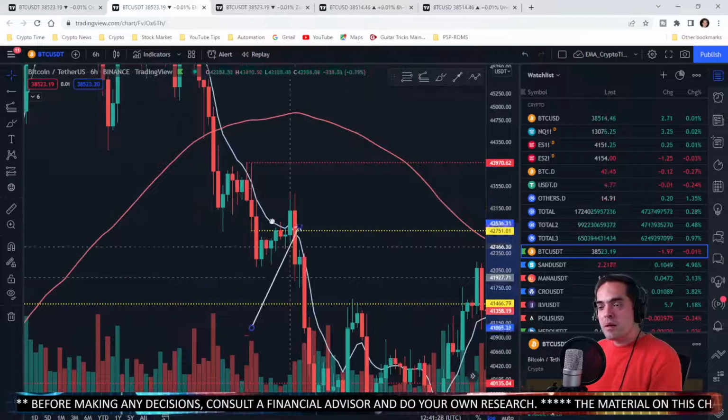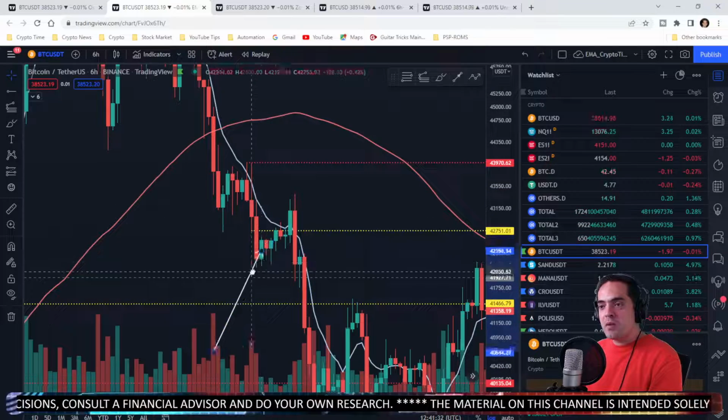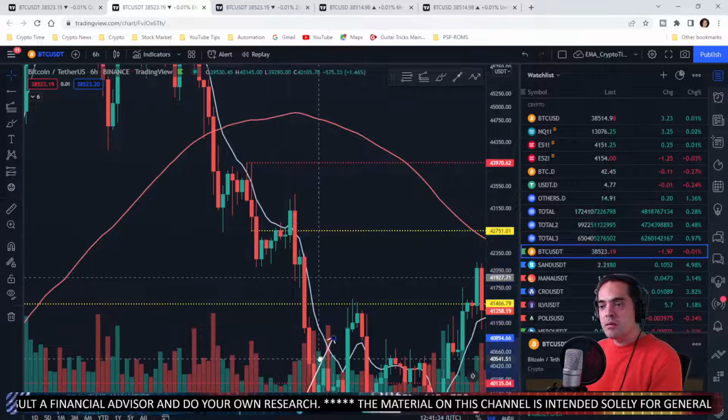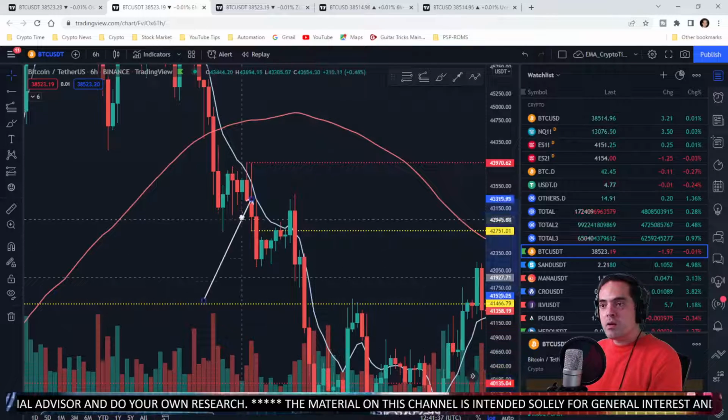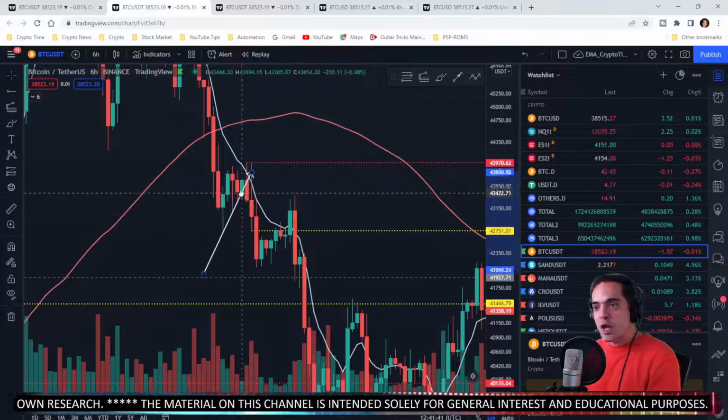Okay, in a bearish trend right here. So they take out of the game a lot of people here, and then goes down again. Okay, so don't move your stop loss.